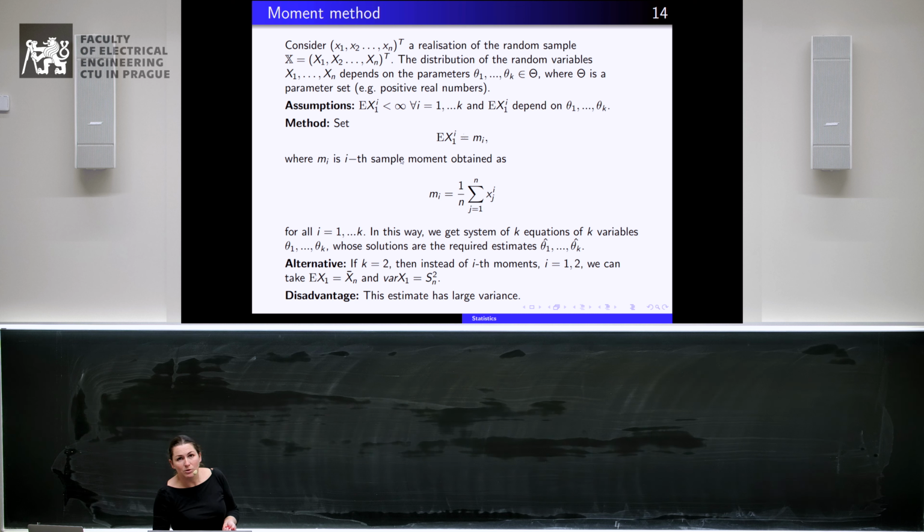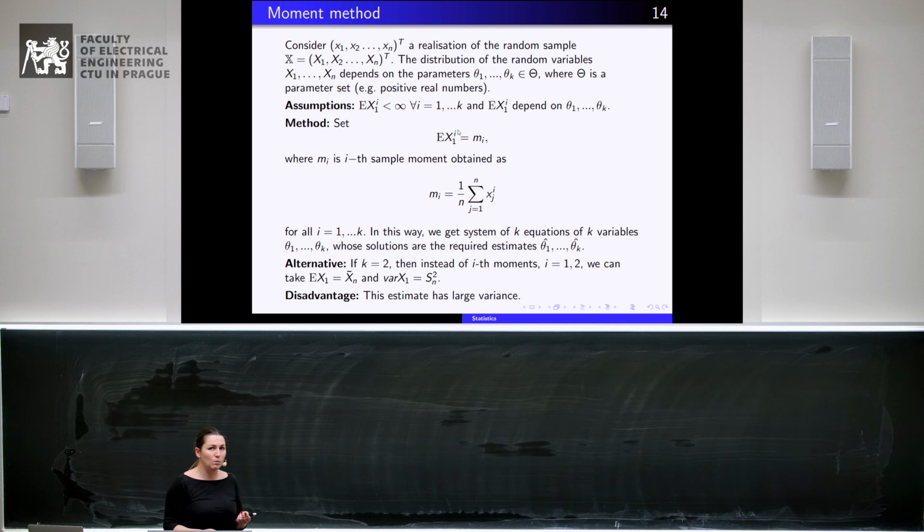The advantage is that it is very simple. Moreover, when we have only two parameters, we can use the second central moment, which is in fact the variance in our case, instead of the second moment of the random variable, because usually the variance is known, at least for our basic distributions.